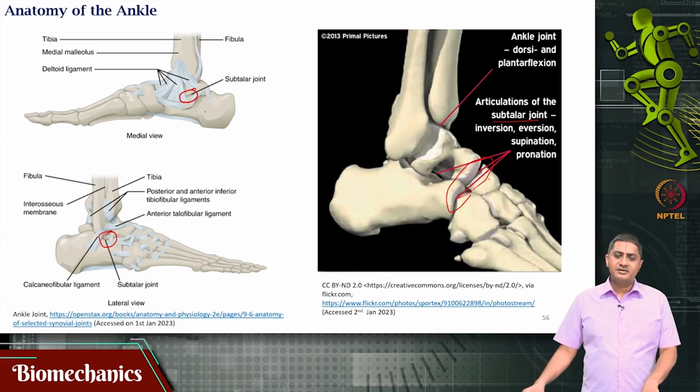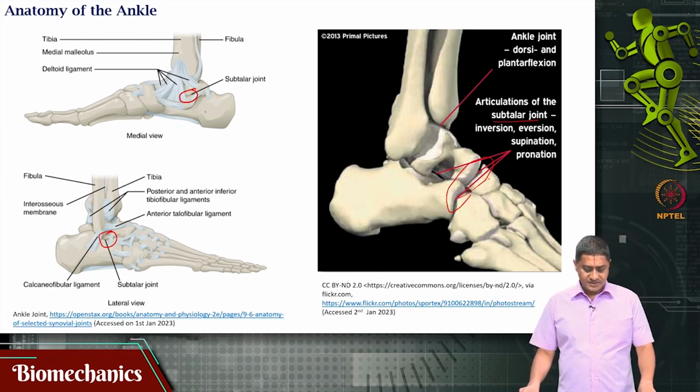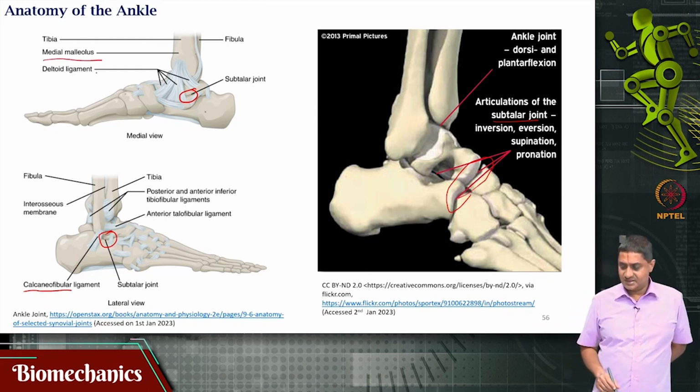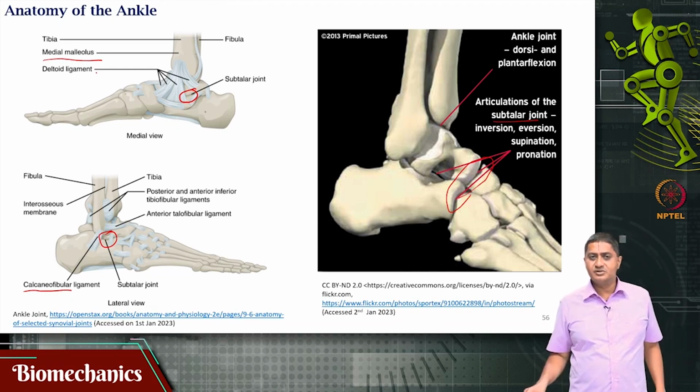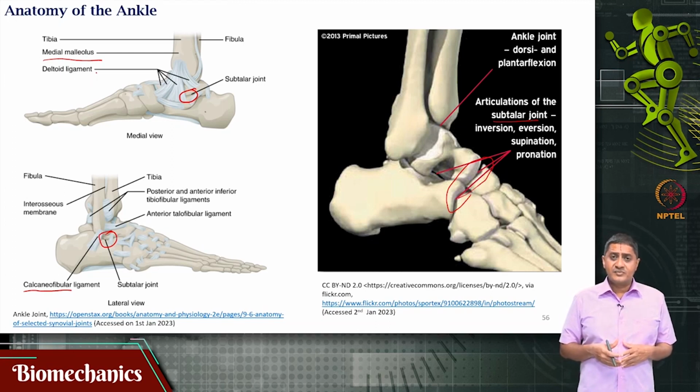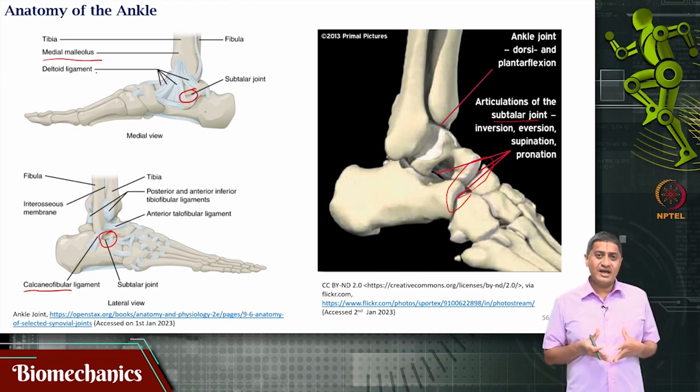An important part to discuss while discussing the ankle joint is the crucial role of the many ligaments that are present in the foot, because these ligaments, for example, the calcaneofibular ligament, the medial malleolus and the lateral malleolus, and all these ligaments together are responsible for the stability of the ankle joint and the foot.